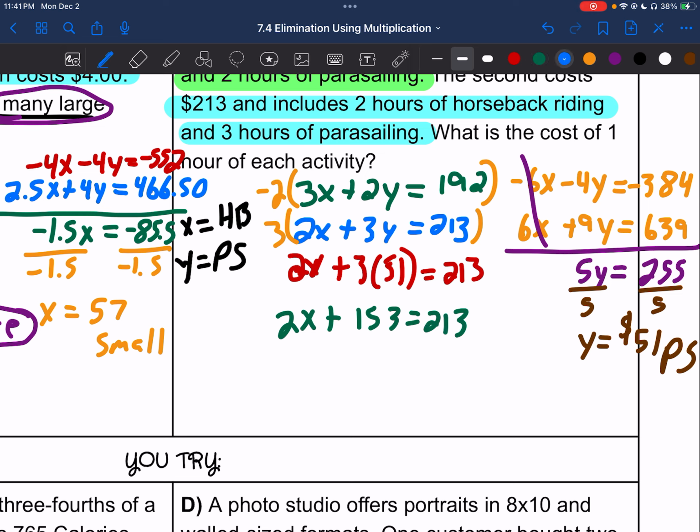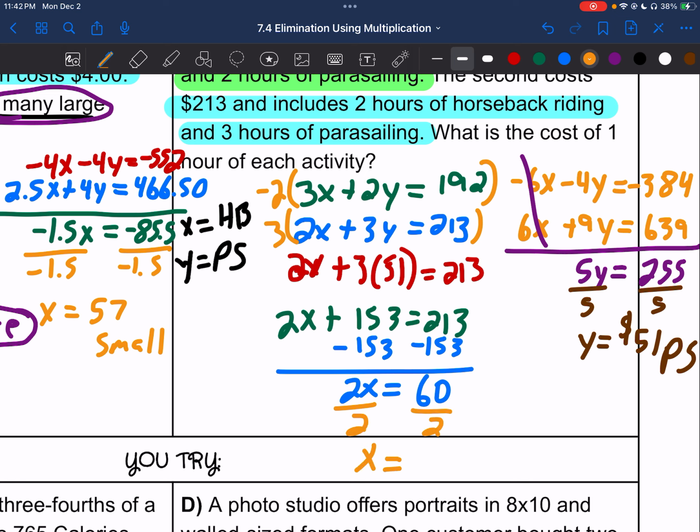Now we're going to subtract the cost, 153, of the parasailing from both sides. So now we're left with 2x is going to be equal to 60. So the $60 part of the activity is the horseback riding, which we divide by the 2 hours that you went, and you're going to get a total of $30 for horseback.